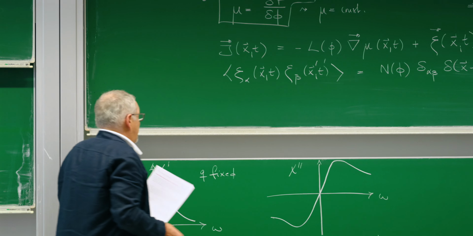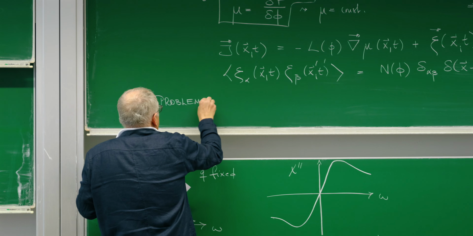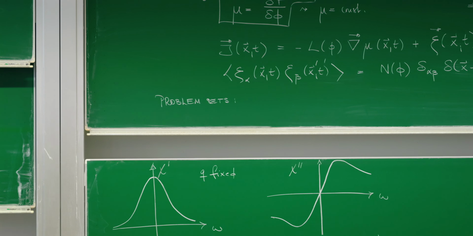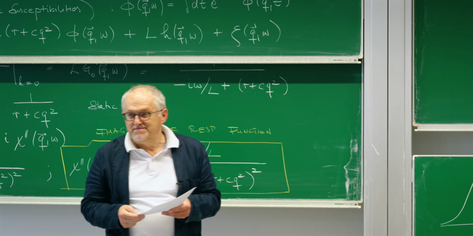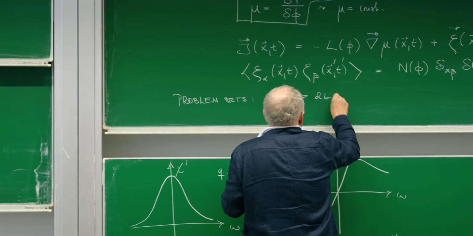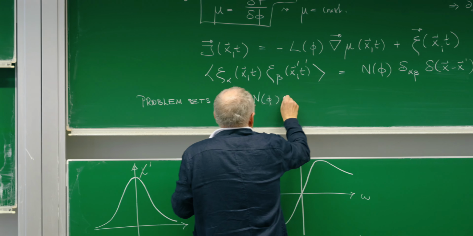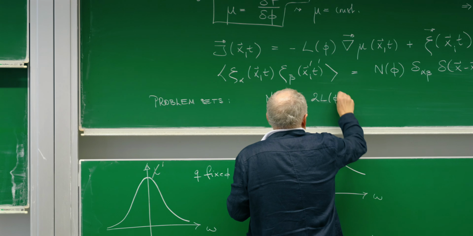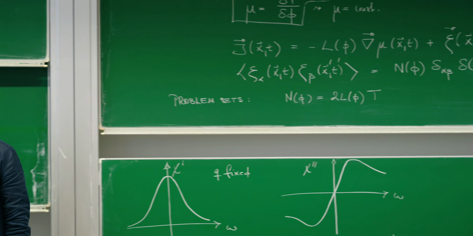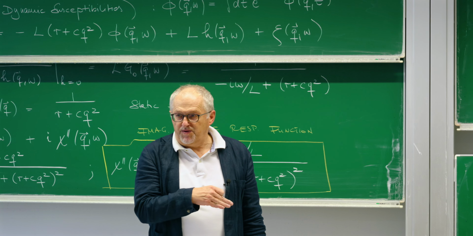What would you find? That's something you do in the problem sets. So what do you find for N versus L? No surprise. N is 2LT, and including the phi, N of phi is 2L of phi times T. You can show that in general, like I wrote it, in a way where you use the Fokker-Planck equation.